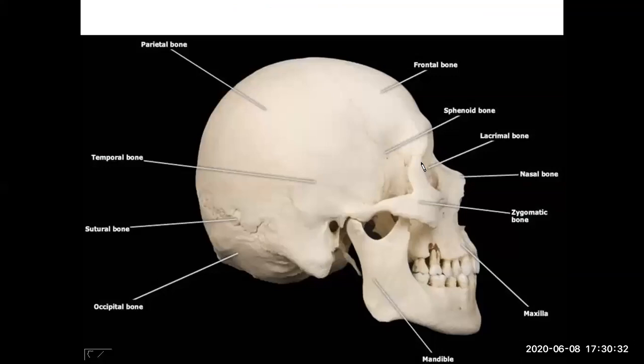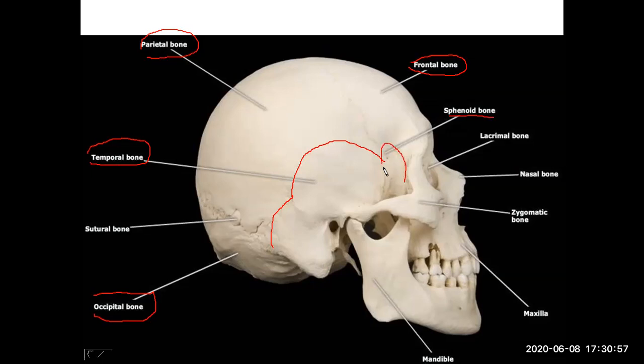So to see those same bones here, again, frontal bone, parietal, there's a pair, occipital bone. There are the paired temporal bones, and you could follow that outline right here to see the shape of it. And the sphenoid bone. And we see a portion of it here.